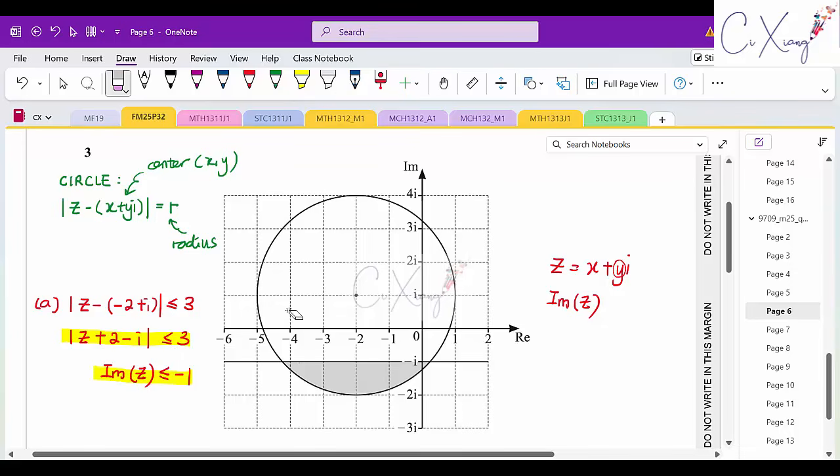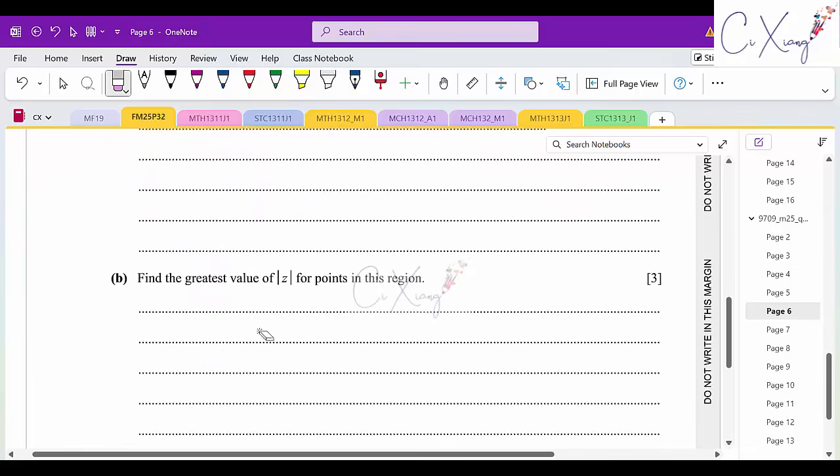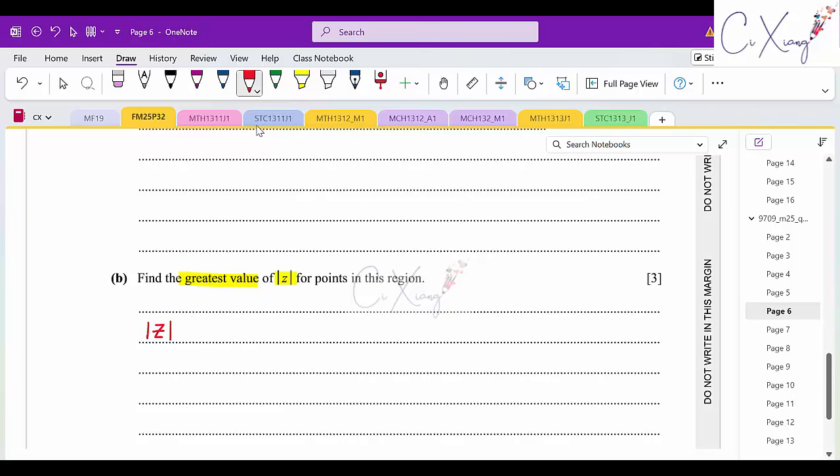Okay, so let's have a look at part B. For part B, they said find the greatest value of modulus z for the points in this region. Greatest value, modulus z. So what is the meaning of modulus z? Again, I can write modulus z as the modulus of z minus (0 plus 0i).